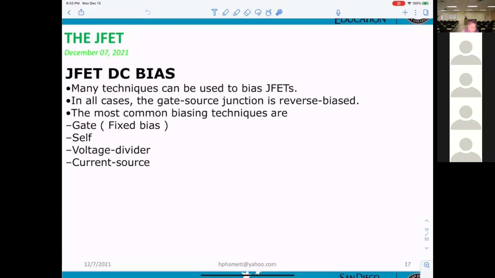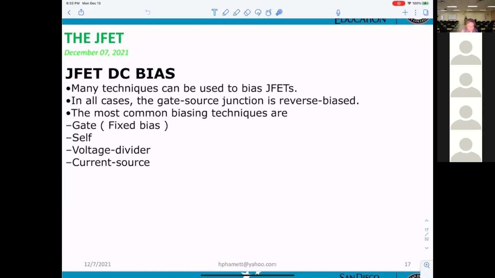Now we're talking about JFET bias, DC bias. You understand that either bipolar or JFET needs the power supply to work. Many techniques can be used to bias a JFET. In our case, the gate-source junction is reverse biased.